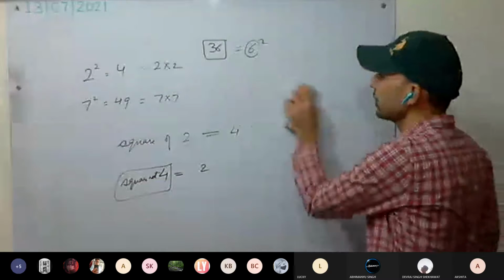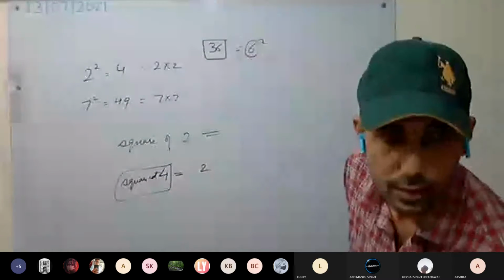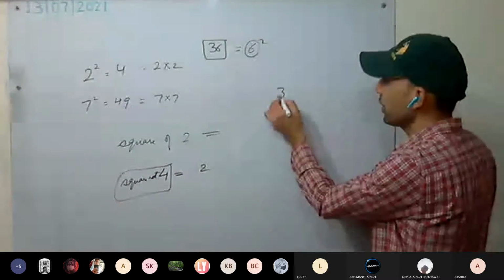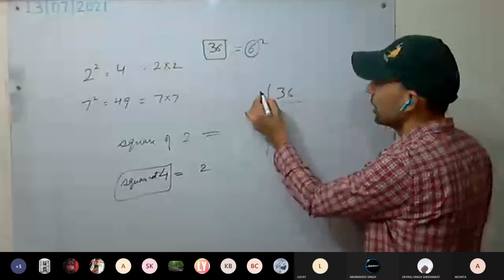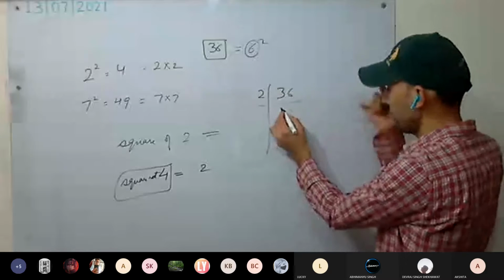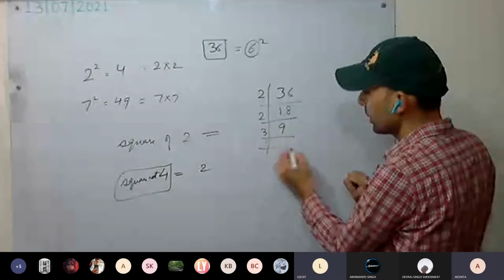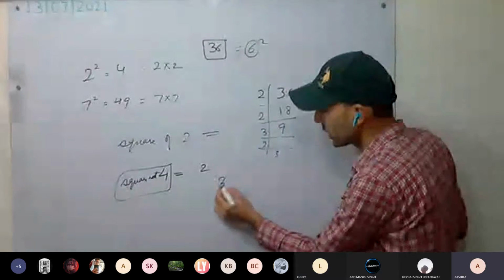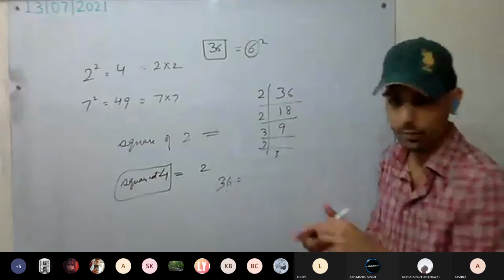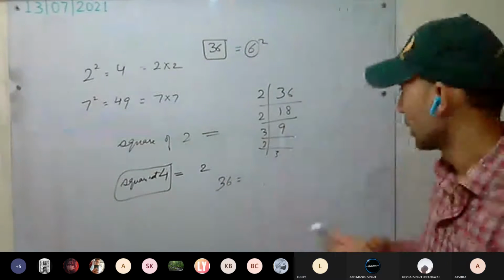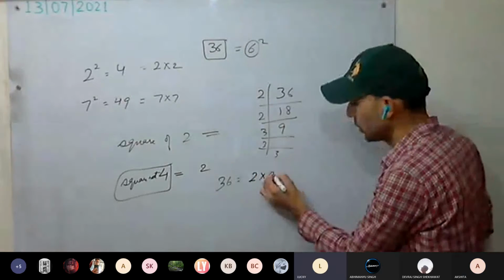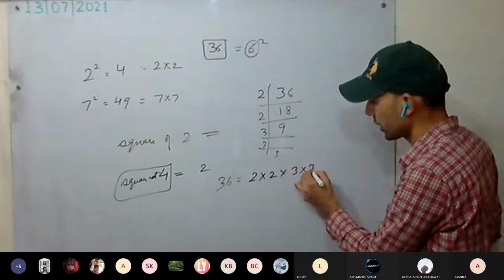So how do you calculate it? First, factorization. 36 is 2 into 2 into 3 into 3.